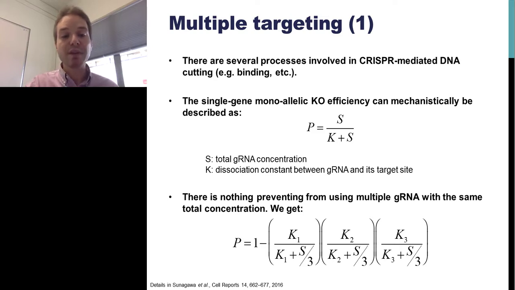That's if you use one target. But if you use multiple guide RNAs for the same gene, what you have is that the probability that you're cutting is going to be 1 minus the probability that you don't make a cut anywhere else. So for instance, if you're targeting 3 positions in the same gene, you get that equation at the bottom.